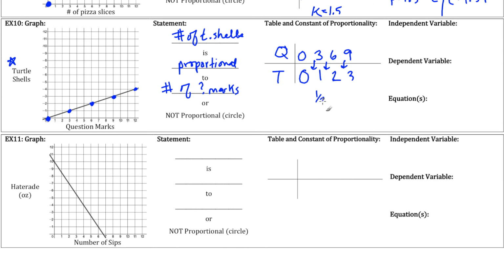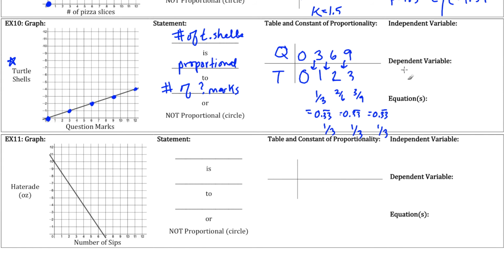So 1 divided by 3, 2 divided by 6, and 3 divided by 9. These all equal 0.33 repeating. You'll get the same thing here. If you prefer, you can leave it in reduced fraction form, because we know 0.33 repeating is 1/3.